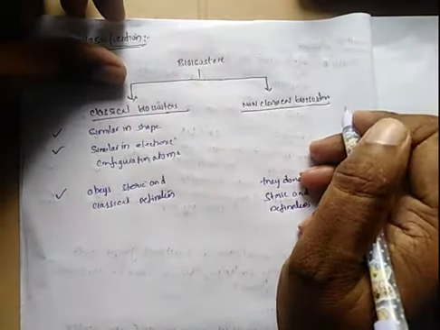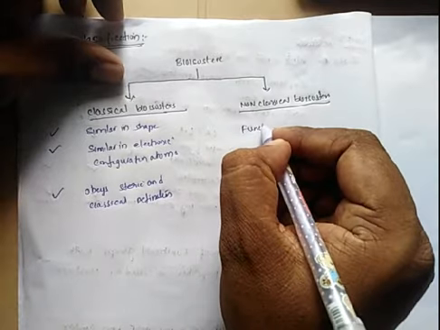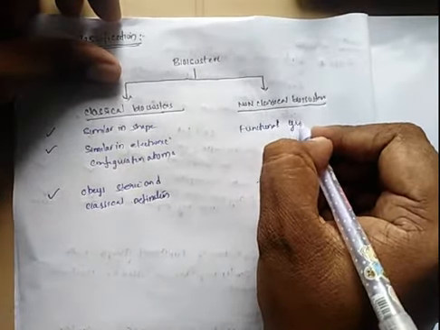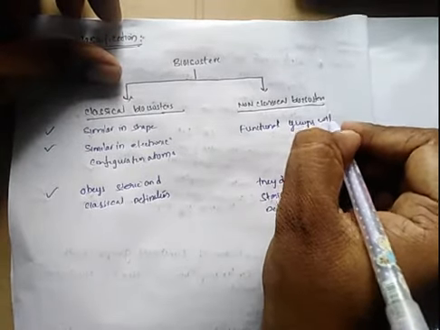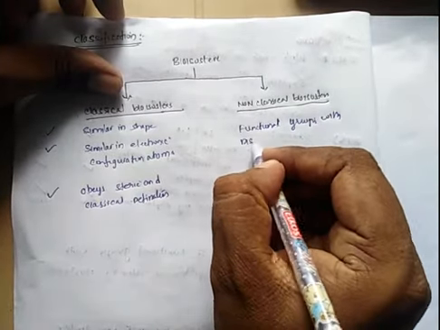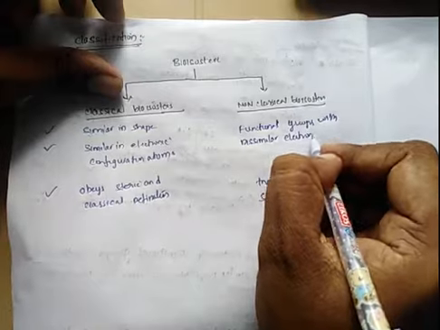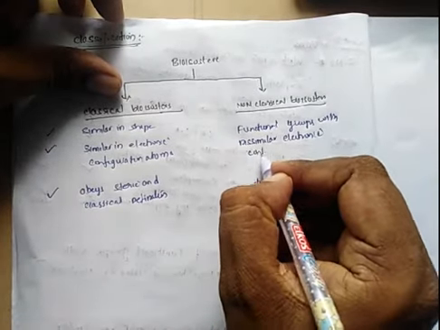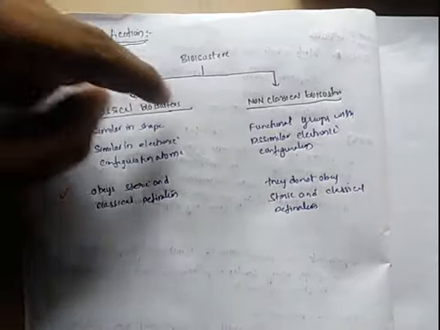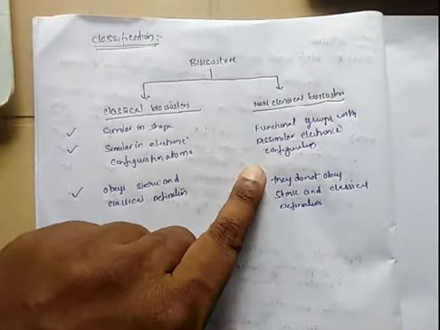Non-classical bioisosteres are generally functional groups with dissimilar electronic configuration. So when you see the difference, they are not similar in shape, and their electronic configuration is not similar.